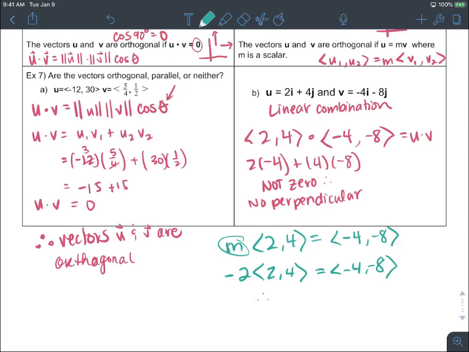So therefore, the vectors u and v are parallel. When you break it down, vector u has a slope of 4 over 2, and v has a slope of negative 8 over negative 4, which both give me a slope of 2. So, parallel. All right. Hope that was fun.